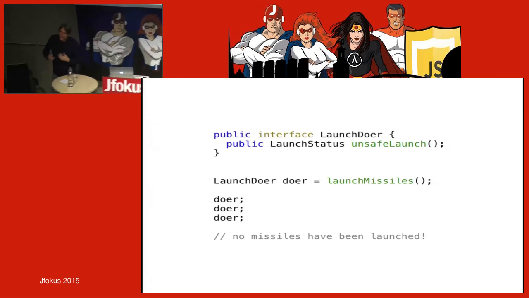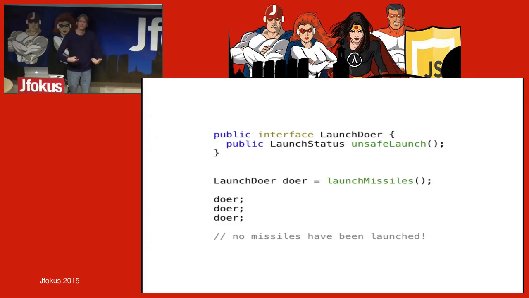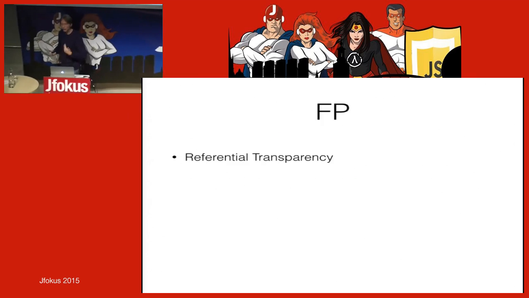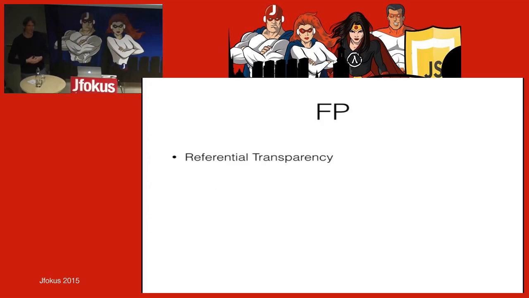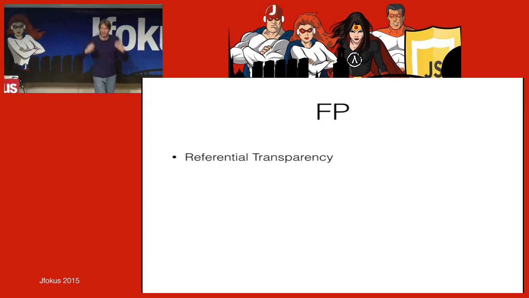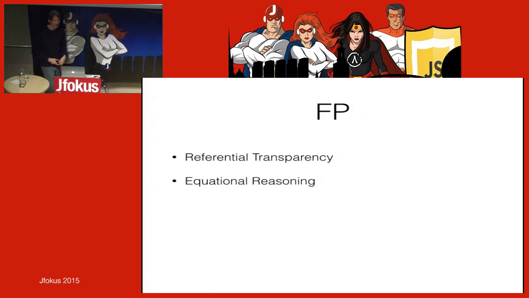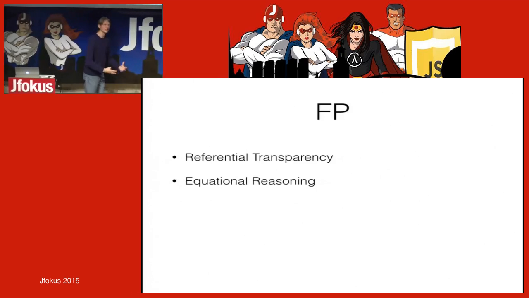So this principle, this ability to assign something to a variable, has a name, and it's called referential transparency. This is the fancy functional programming name for actually a very straightforward concept: assigning something to a variable and being able to have the same result. It gives us something called equational reasoning.